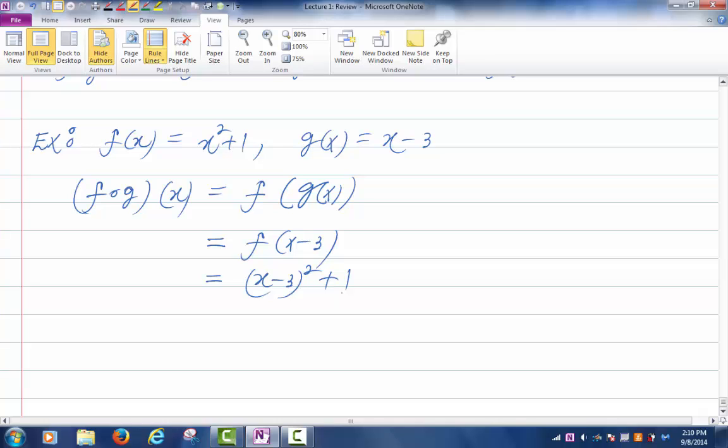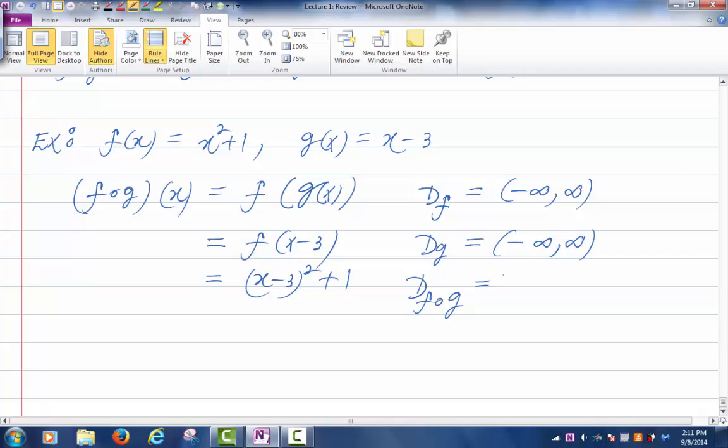Now, in this case, can someone tell me what's the domain of f? What's the domain of f? All real numbers. And what's the domain of g? It'll be all real numbers as well, right? And what's the domain of the composition function?